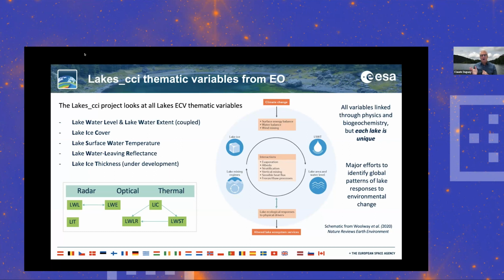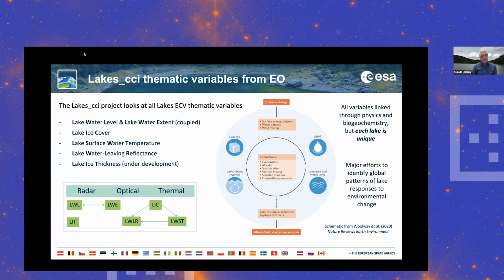To the right, we have the lake water extent, which uses a combination of estimates from altimetry for the water level, as well as some optical data. For the lake ice cover, it mostly focuses on the use of optical data, but also supported by some thermal remote sensing data. We have lake water leaving reflectance, which is optical data, and then the lake surface water temperature is derived from thermal remote sensing.